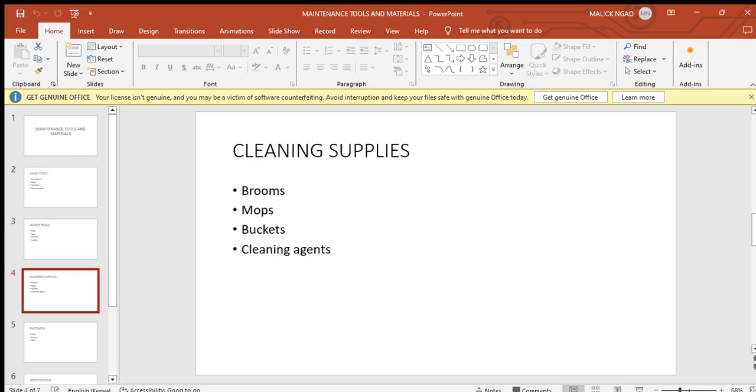We have the cleaning supplies, also under the maintenance tools and equipment. Somebody to name the types of cleaning supplies. Jafet.